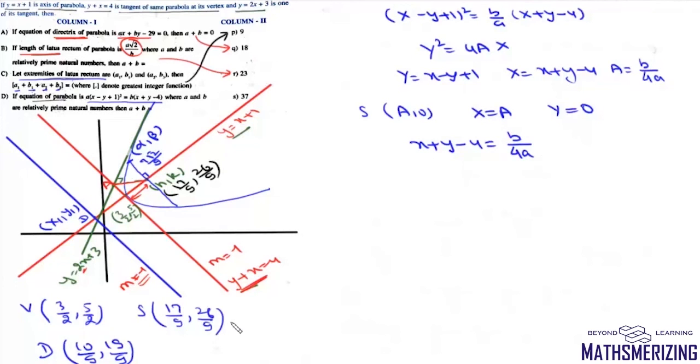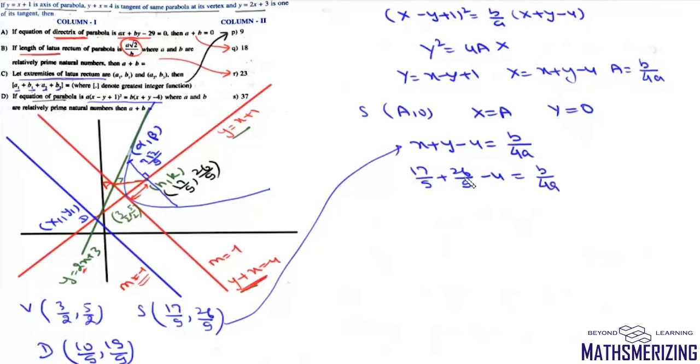Now we already have the focus of this parabola. So the focus is at 17 by 9 and 26 by 9. So it will be 17 by 9 plus 26 by 9 minus 4, and this is b upon 4a.